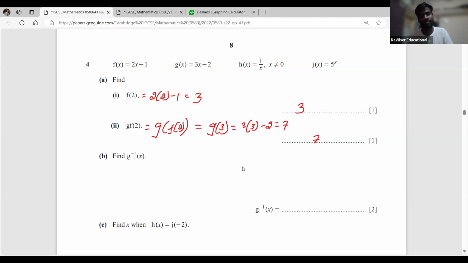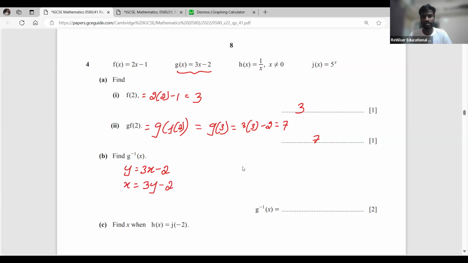And g inverse of x. So whenever we need to find the inverse function, step number 1 is we have to replace the function with y. So it's going to be y equals 3x minus 2. Then we have to swap the variables x and y. So x will be equal to 3 times y minus 2.